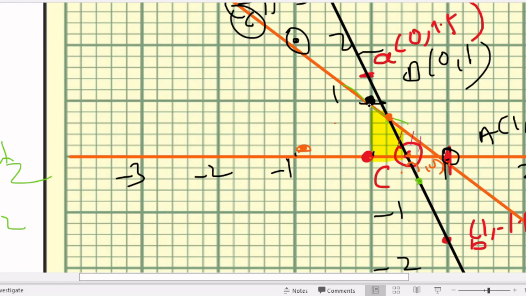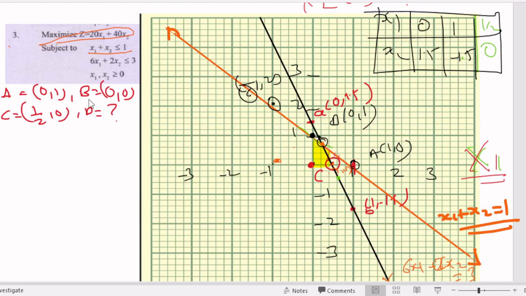This point is 0 comma 1. So point A is 0 comma 1, the first one. Second point B is 0 comma 0, though it's not required. Third one is this one, so C is 1.5 comma 0, and the fourth point is this one that you need to figure out. I'll show you how. So to get point D, that is this point, I'm solving these two equations.